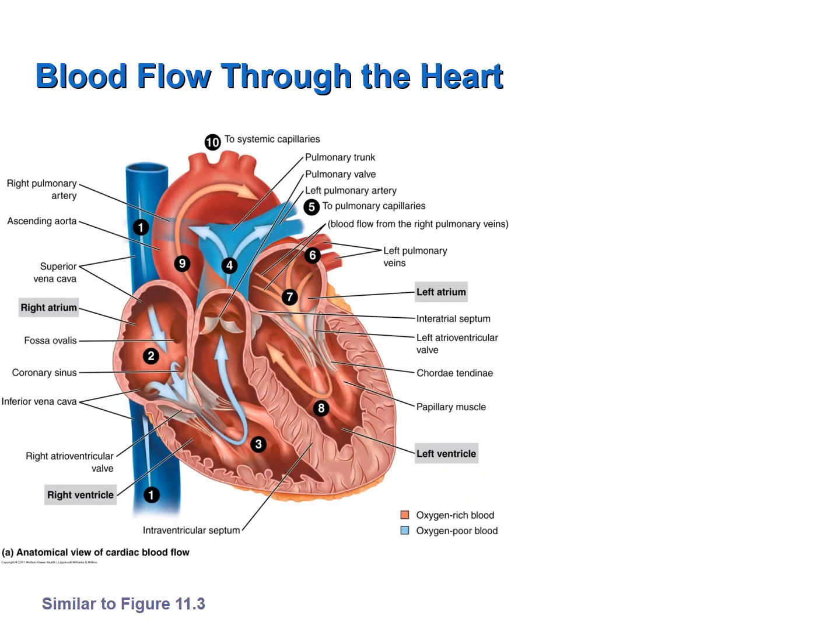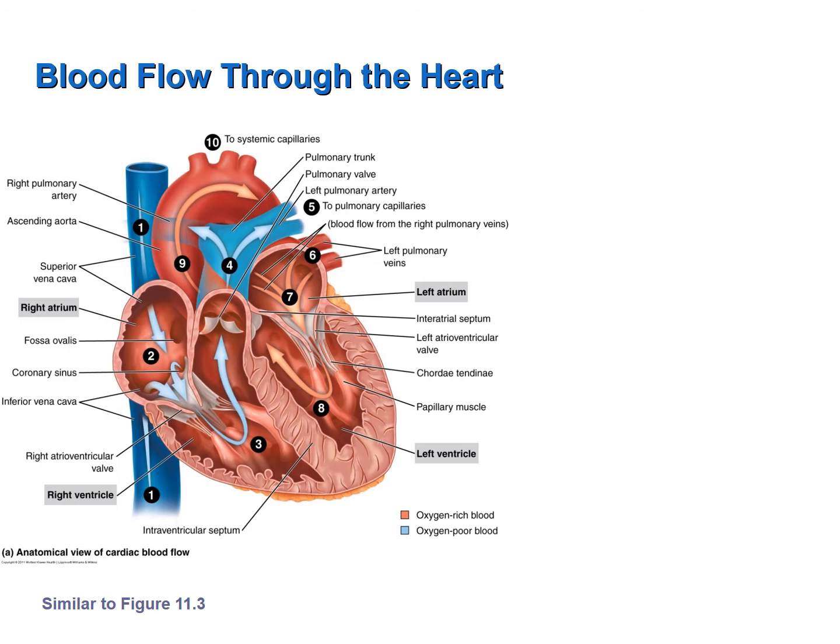Now let's look specifically at how blood flows through the heart. To understand how the heart functions, you must understand how blood flows through the heart. And you will be required to answer a question on the exam that specifically tests your knowledge of how blood flows through the heart.